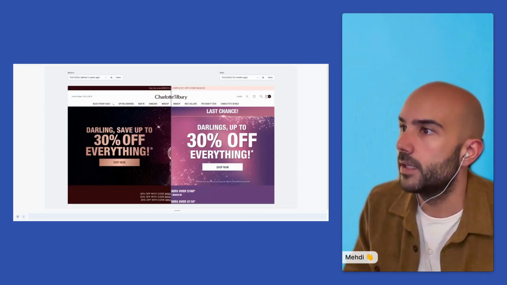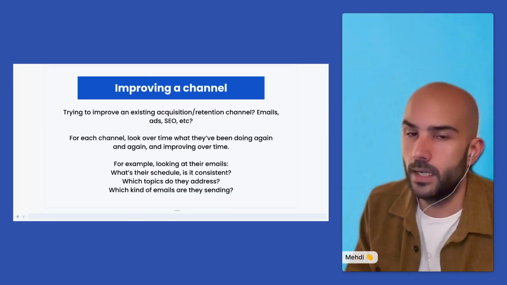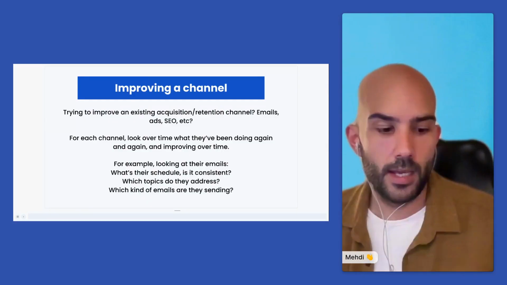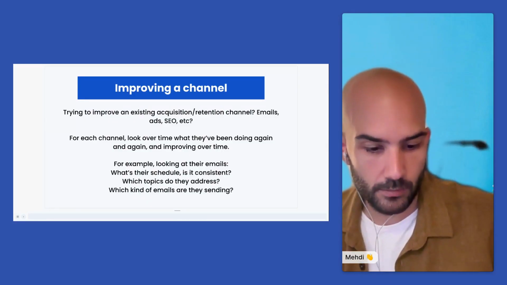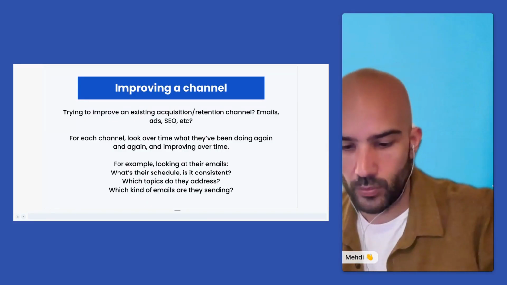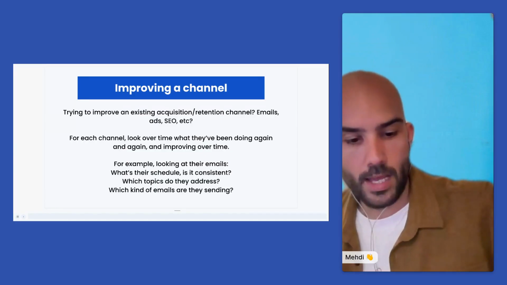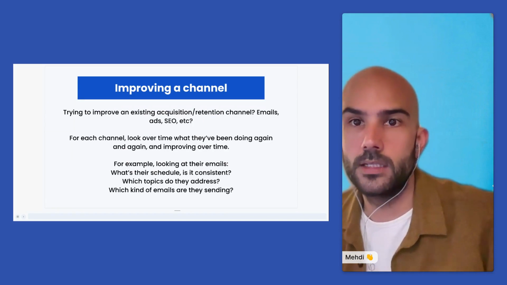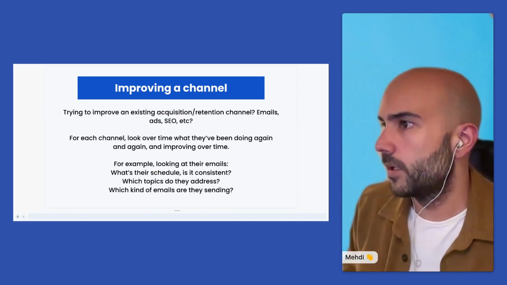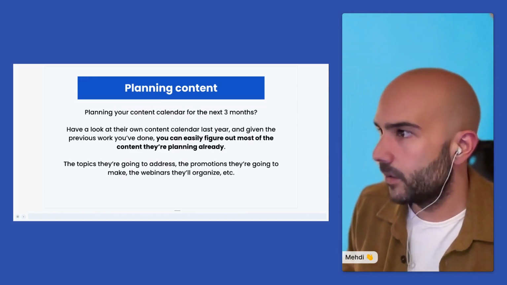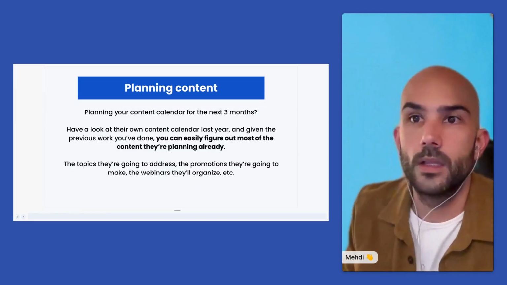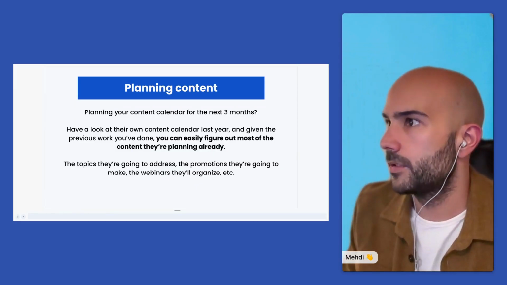Make sure that you can try to see what they've been doing over time and what they've been sticking with, what did they remove and what did they change. And those are the three main areas and the three main insights you should get from your competitors. Planning content, the same. We're going to address this just right after.